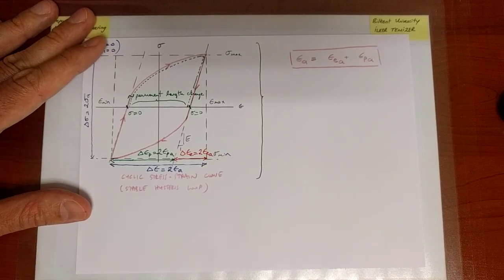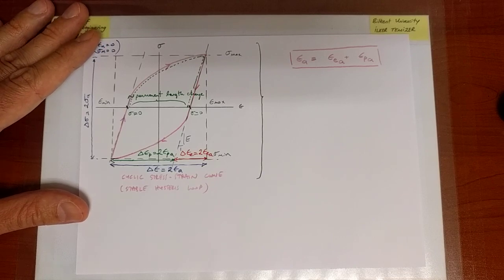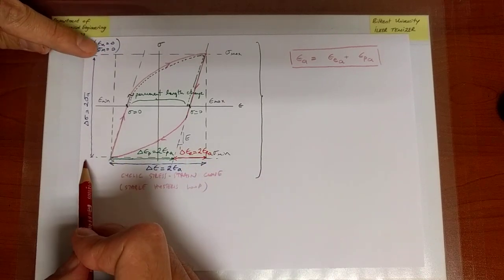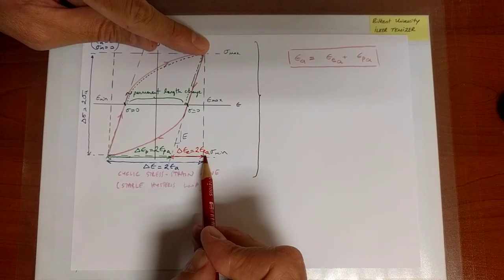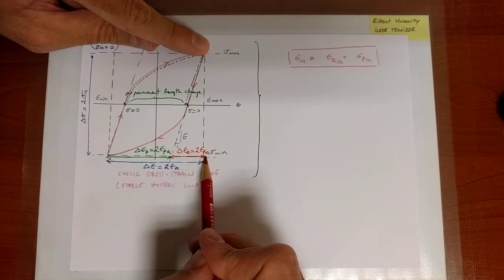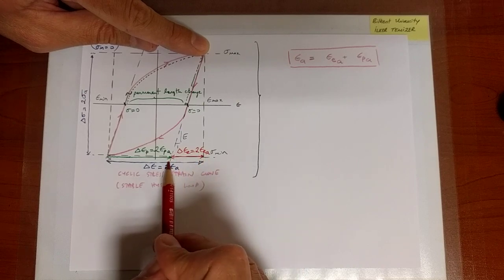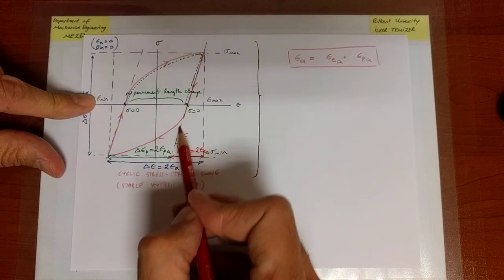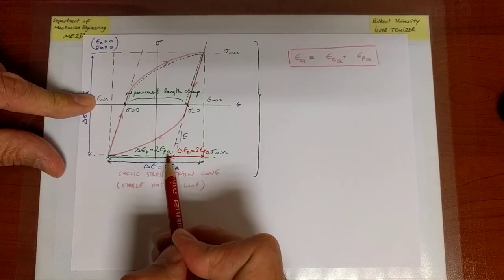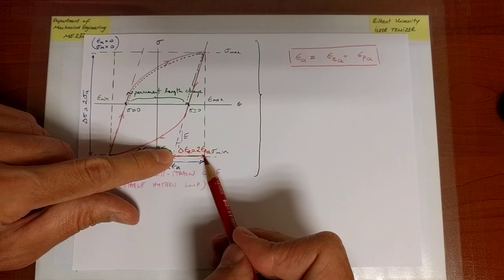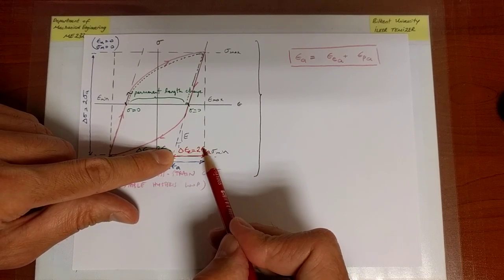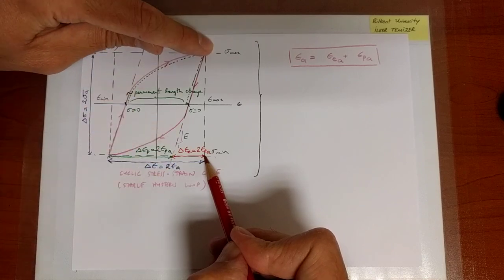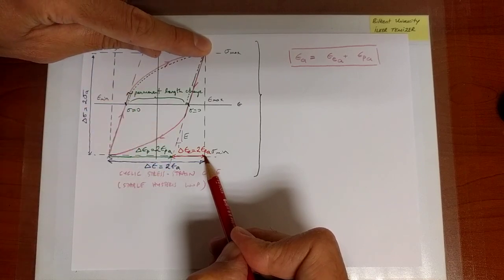And what we are observing here is that clearly, this is the total range of the stress, and this is the slope of this line. And when I concentrate on this triangle over here, that triangle, base is twice the elastic alternating strain, and this is twice the alternating stress.